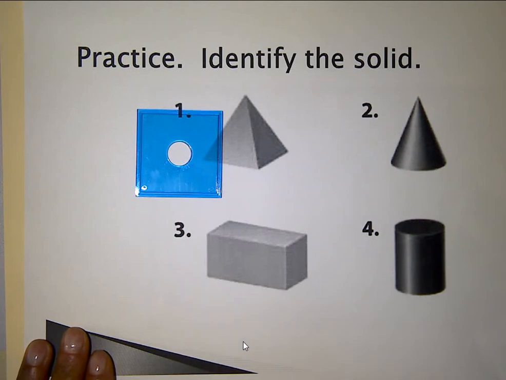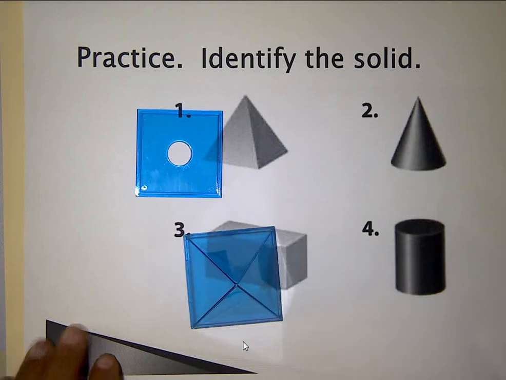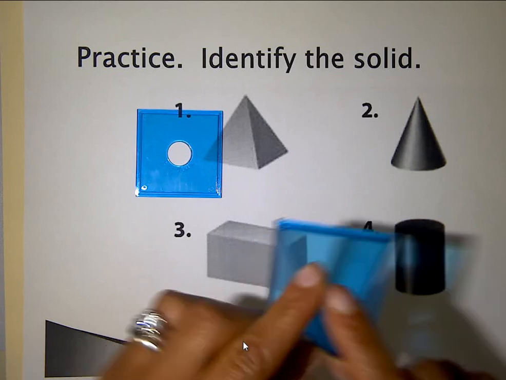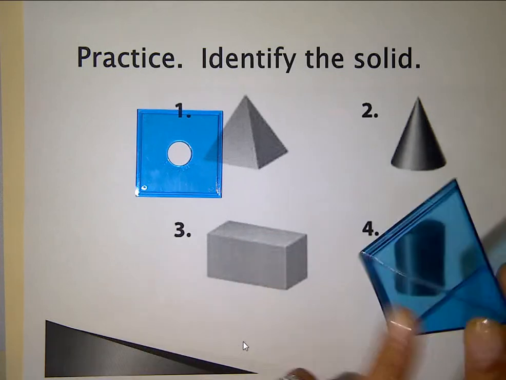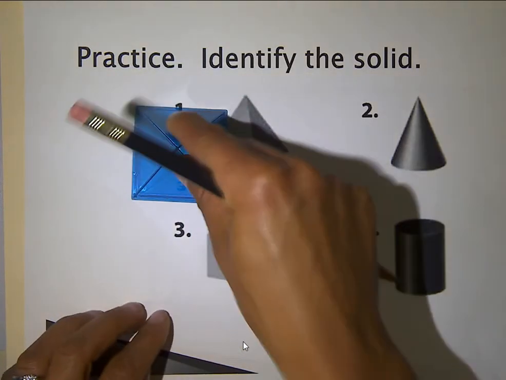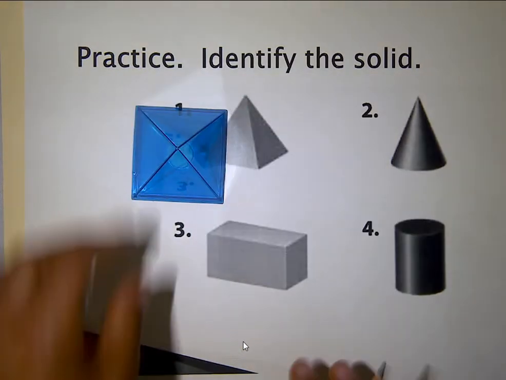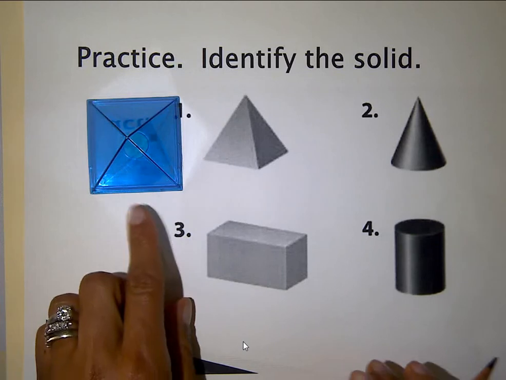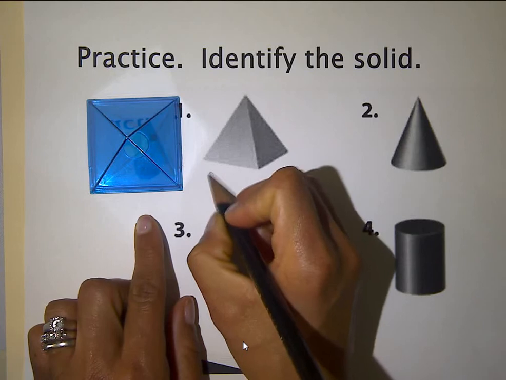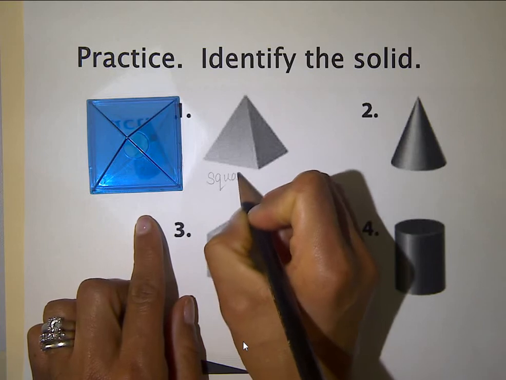And then it's made up of 1, 2, 3, 4 triangles. And because of that base, the bottom is a square. It is a square pyramid.